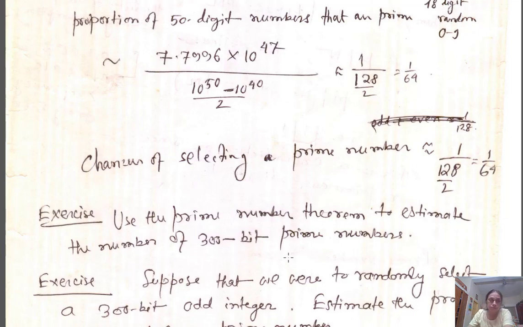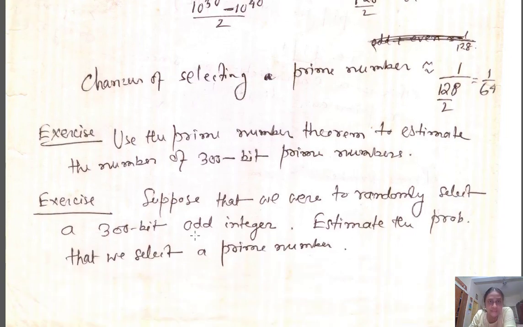I'm giving you 2 exercises. Do these using the prime number theorem. Estimate the number of 300-bit prime numbers. Or, suppose we randomly select a 300-bit odd integer, estimate the probability that we select a prime number.